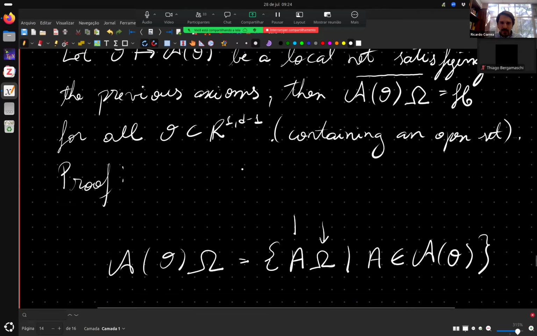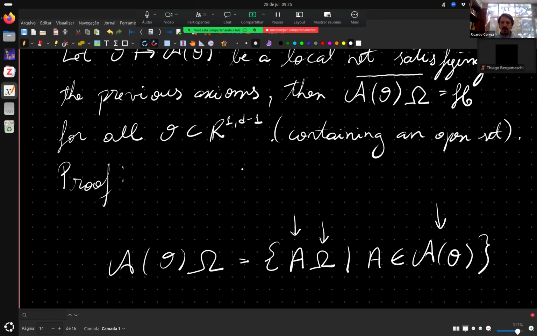And here I'm taking an operator which comes from my local algebra. It's not necessarily an observable, because it can be a non-self-adjoint operator, or not even observable, even if it's self-adjoint.